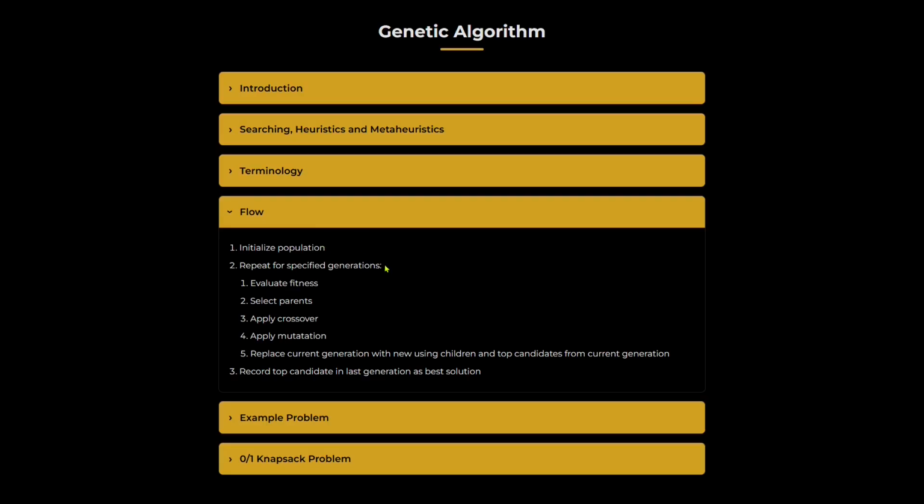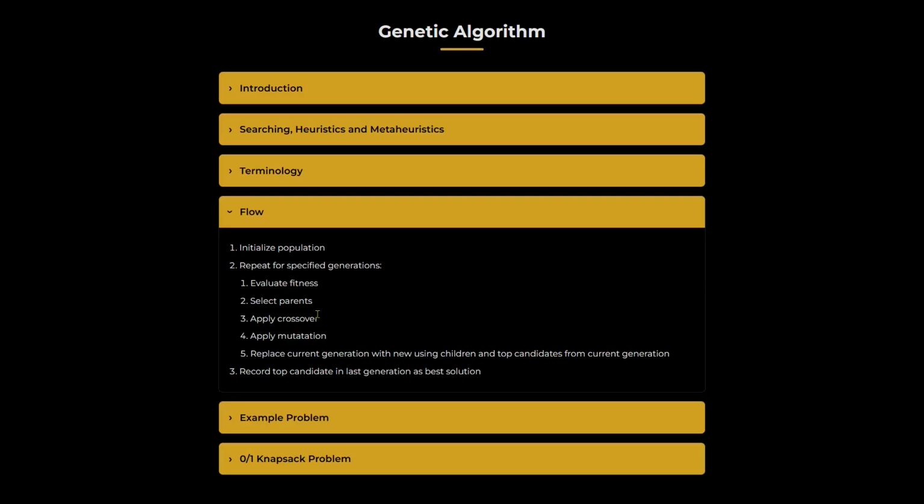Next, for a set number of generations, we repeat the following steps, starting with evaluating the fitness of each individual to see how good they are at solving the problem. Then we select parents based on our selection methodology. Then we perform crossover using these parents to produce offsprings.